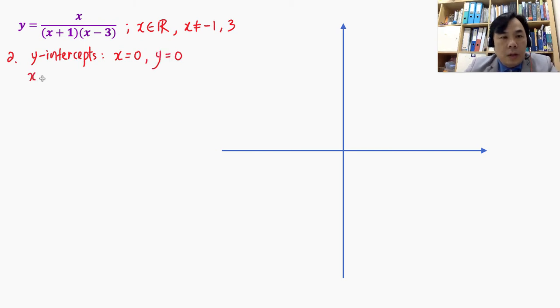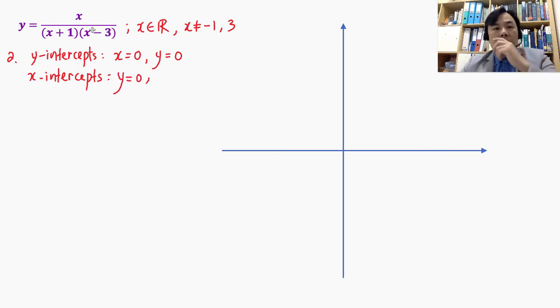And then for your x-intercept, we let our y equal to 0. If you let y equal to 0, then your x is also indirectly 0. So therefore, the graph actually passes through the origin. I hope that's clear. This is y equals x here, and it passes through the origin.